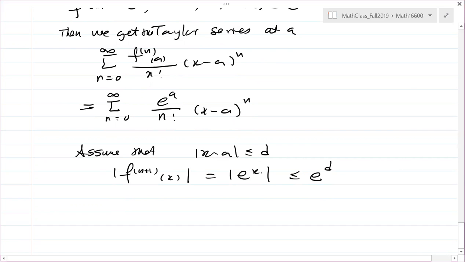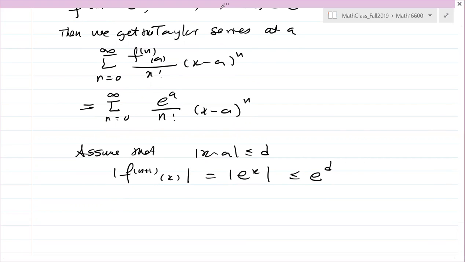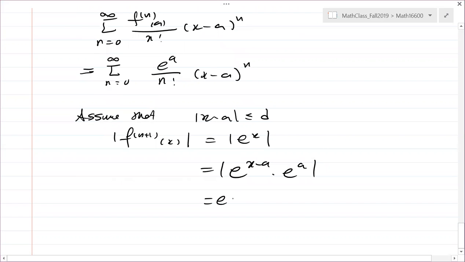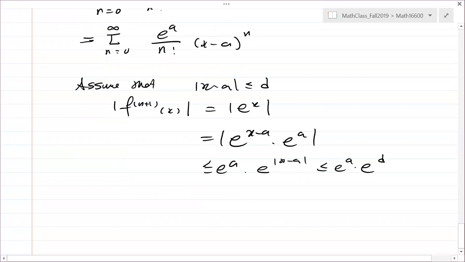Let me rewrite again. This is going to be e to the x minus a times e to the a. So you can take e to the a out, then e to the x minus a. So it's going to be less than e to the a times e to the d. So anyway, it's e to the a plus d. So there's an upper bound, a universal upper bound.